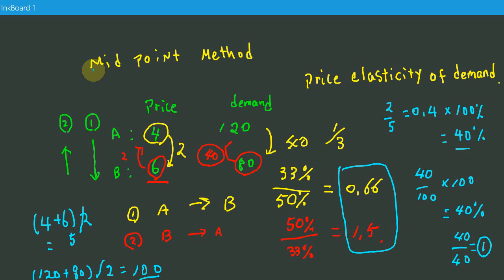So we have to keep in mind that once we compute price elasticity of demand, we have to divide the price variation by the midpoint, and also divide the quantity demanded by the midpoint. So the midpoint method should be applied for computing the price elasticity of demand.